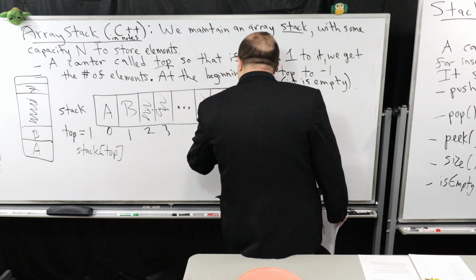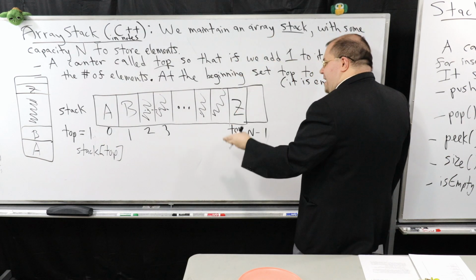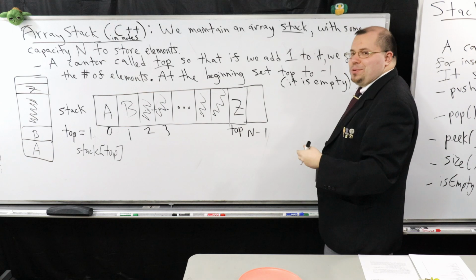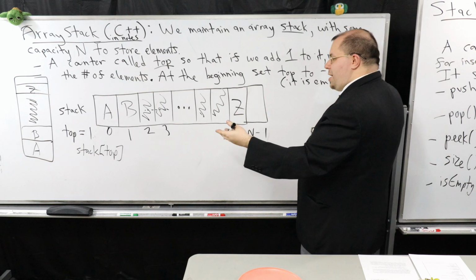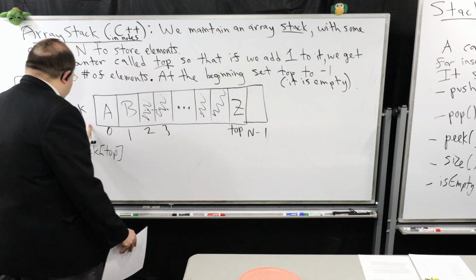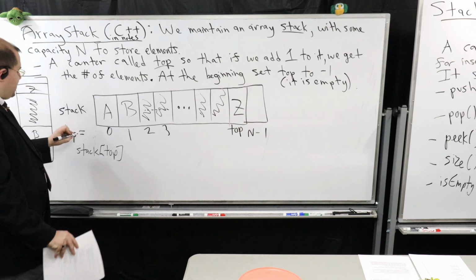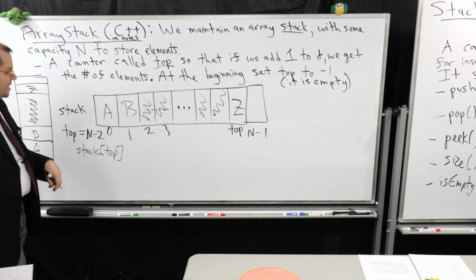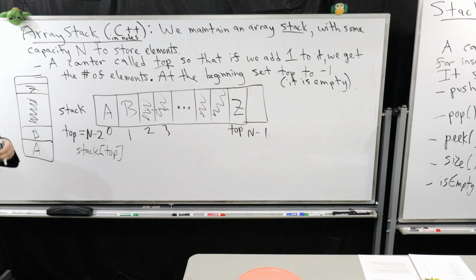So keep in mind that the current top of the stack is whatever's indexing top. If I just look at top, it tells me the number. So in this case, it would be whatever N-2 is, and I could index into that spot.